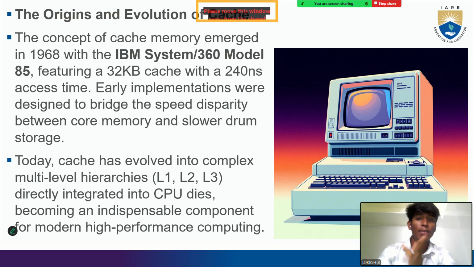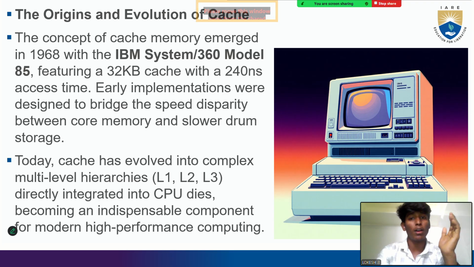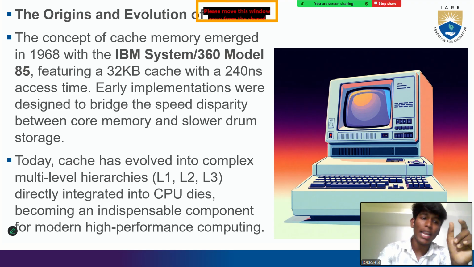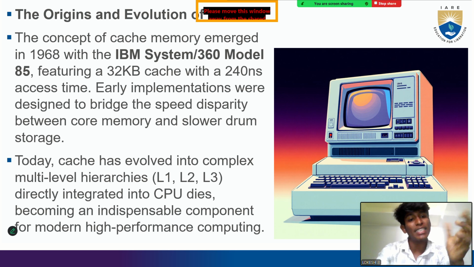The concept of cache memory emerged in 1968 with the IBM System/360 Model 85, featuring a 32 KB cache memory with a 240 nanosecond access time. This was the first cache memory in our history.